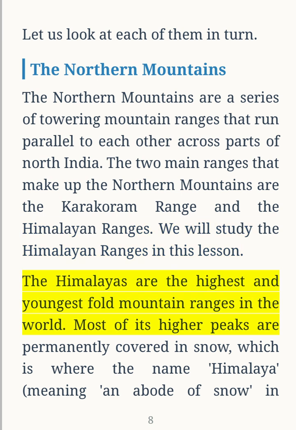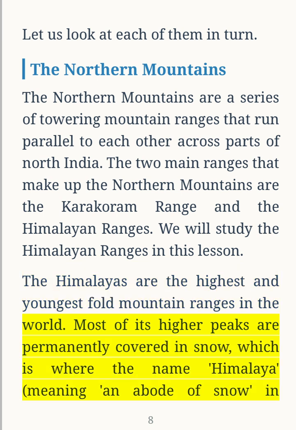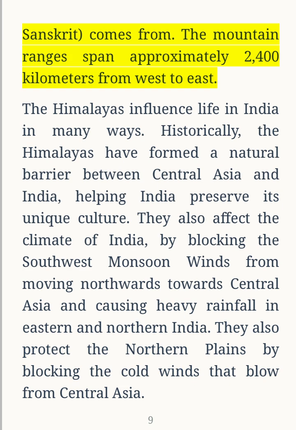The Himalayas are the highest and youngest fold mountain ranges in the world. Most of its higher peaks are permanently covered in snow, which is where the name Himalaya, meaning an abode of snow, in Sanskrit, comes from. The mountain ranges span approximately 2,400 kilometers from west to east.